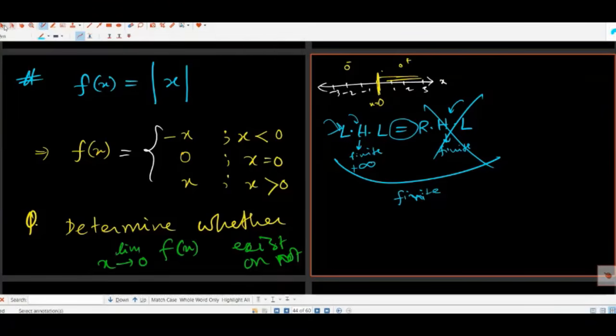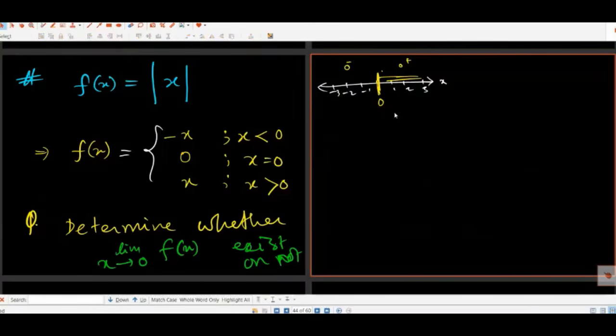So our target is to find the limit of f of x. So let's break down f of x when x is approaching 0.